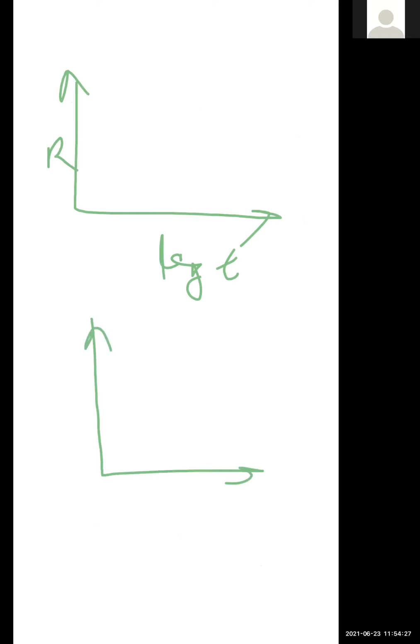So the first graph can be plotted log t versus dial reading. The second graph can be plotted log sigma versus e.